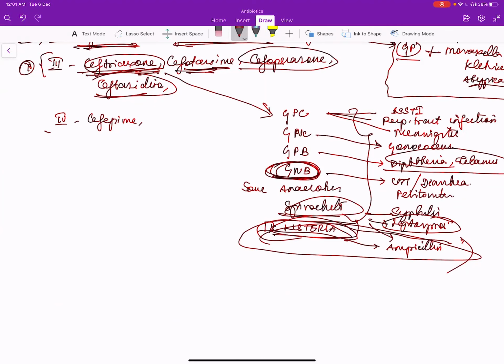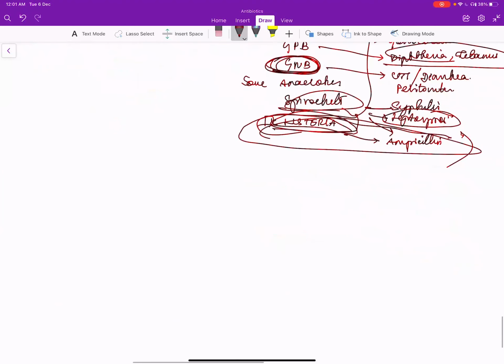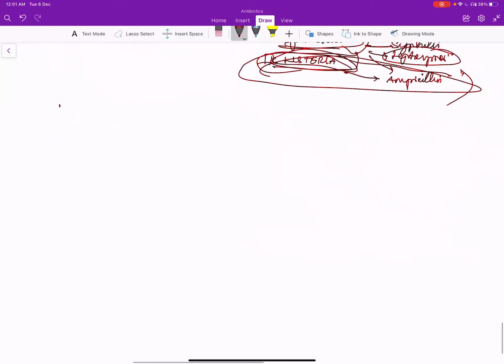Okay. Now, once cephalosporins are completed, what is the next group? Meropenem, carbapenems. So among carbapenems, what do we have? Meropenem is the favorite one. Imipenem is there. Ertapenem.